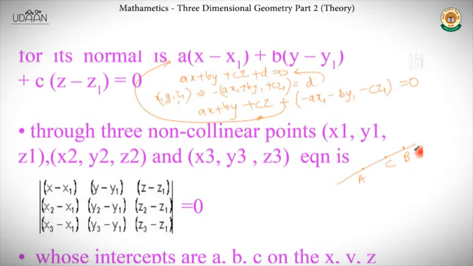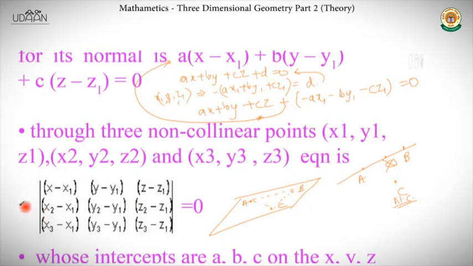These 3 points are said to be collinear, but if C is here, then they are non-collinear. Now, through 3 non-collinear points, this is my plane. Here point A, here point B, here point C. So we need to find the equation of the plane, and there is only one unique plane passing through these 3 points.